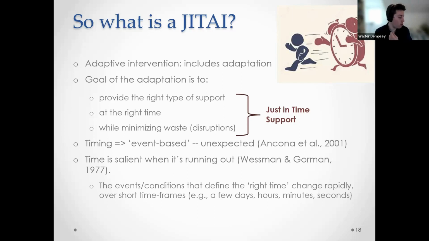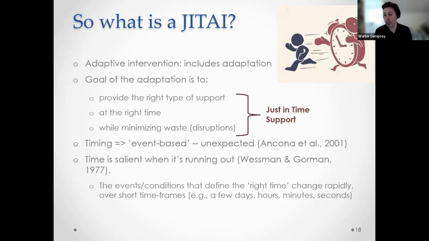Craving will vary rapidly in your natural environment, and you don't know when craving will go up or down and move around. So you can't expect a moment to be a high craving moment. So those events are unexpected. That's different than, I'll just give you a simple example of where you don't really need just-in-time support, but you might need support, would be, I know that someone has to take a pill every day at 4 p.m., right?